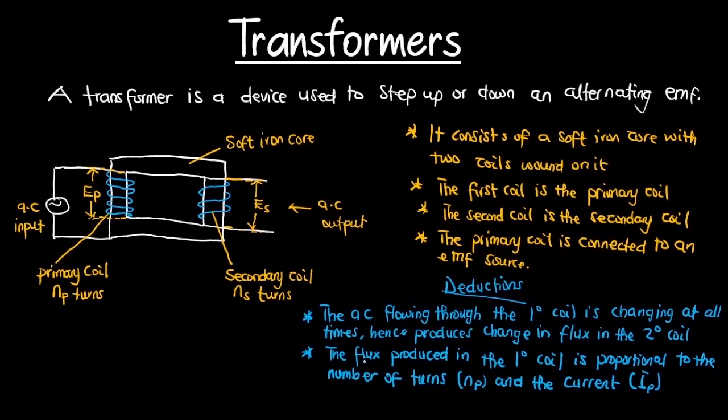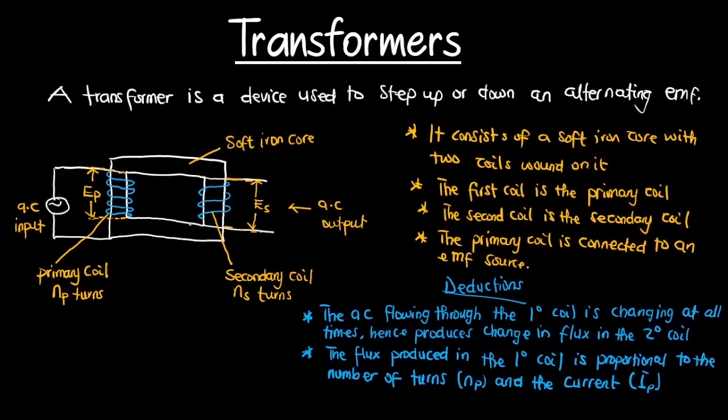So we are saying that the number of turns we have on the soft iron core at the primary side determines the amount of current that will flow through that primary coil. The same with the number of turns on the secondary side of the transformer, which also determines the amount of current that will flow through. There's a relationship between that.